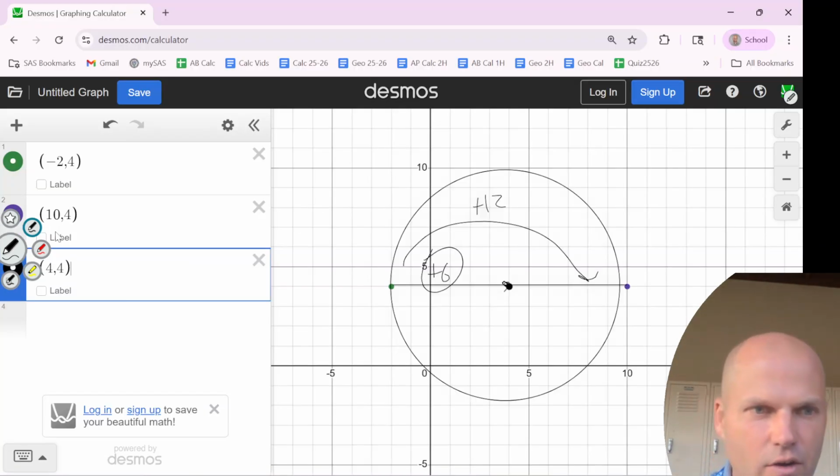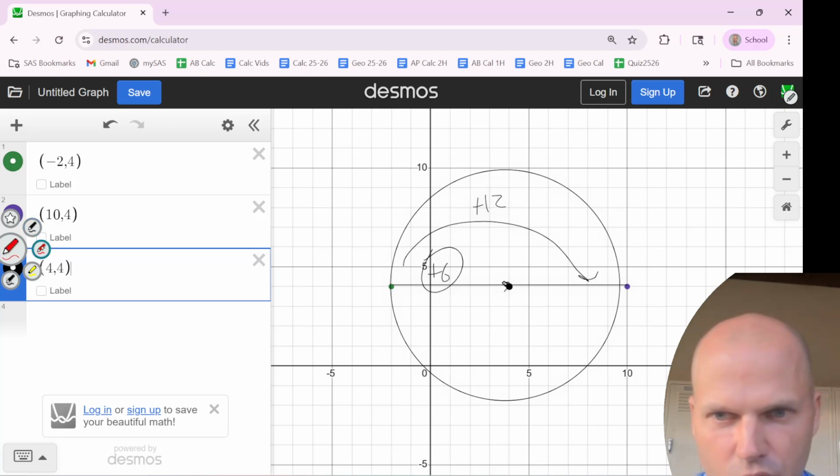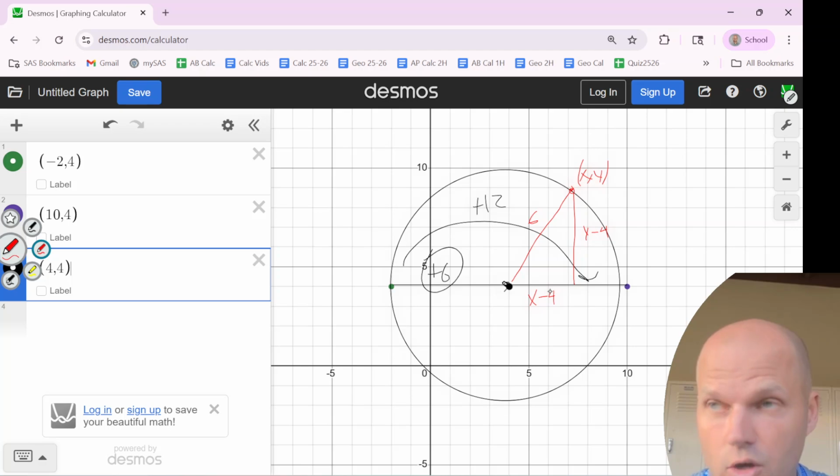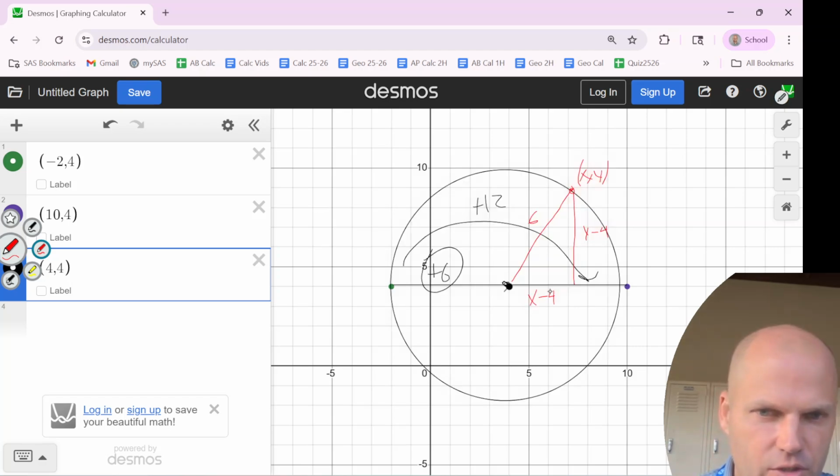So how do I find all of the possible points? Well, I'm looking for the xy points that will all be 6 away from the point (4, 4). Well, this is where we think about the x change and the y change, and we use the Pythagorean theorem versus the slope. So we're not using y2 minus y1 over x2 minus x1 equals m. We're using a squared plus b squared equals c squared.